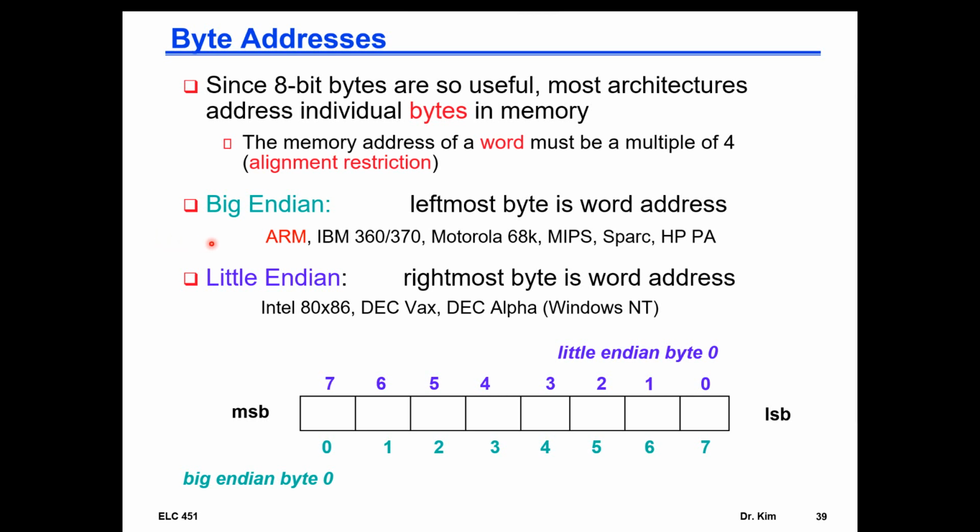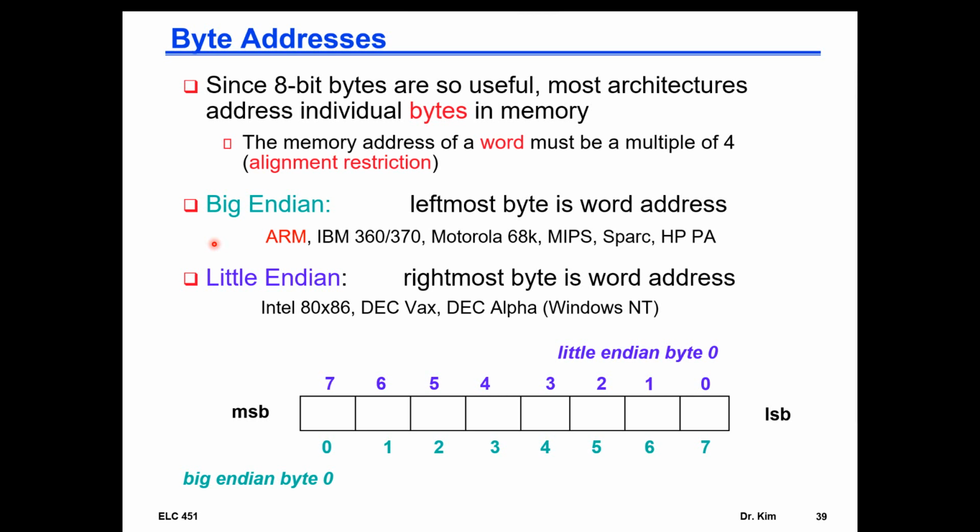But it's really arbitrary. A lot of modern processors, you can select, and the operating system selects this, how the multi-byte data is going to be stored in memory, i.e., the operating system can select the endianism that the processor is going to use.